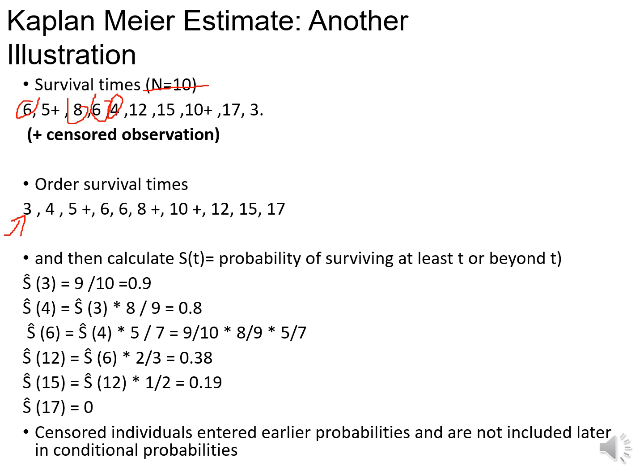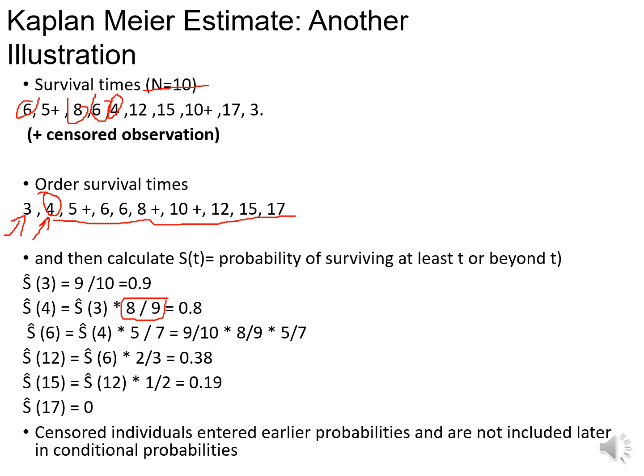And then at 4, we move to 4. How many are left? Now we have 9 that are left at risk. So these are at risk at 4, and how many events? 1. So 1 out of 9, it means that the proportion that survived is 8 out of 9.